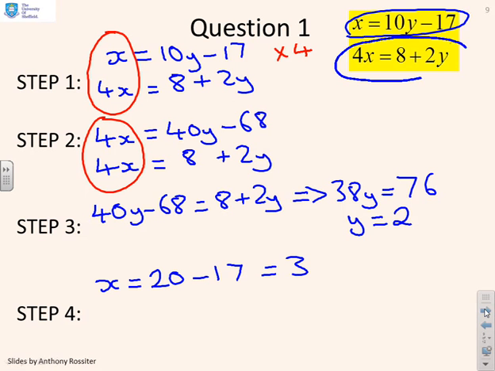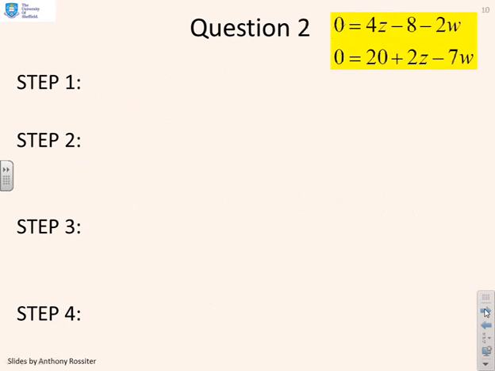Let's substitute it into this last equation just to check it works. So 4 times 3 is 12. Check it against 8 plus 4, and it works. And perhaps for the examiner's benefit, write that you're doing a check there so they know what you're doing. So we've got our solution, y equals 2, x equals 3.